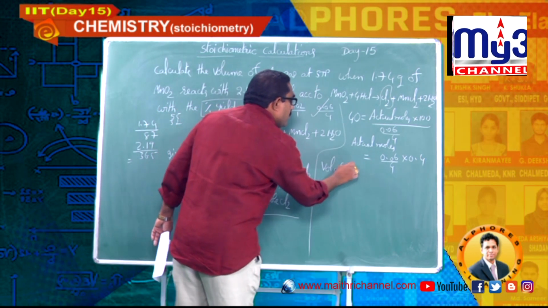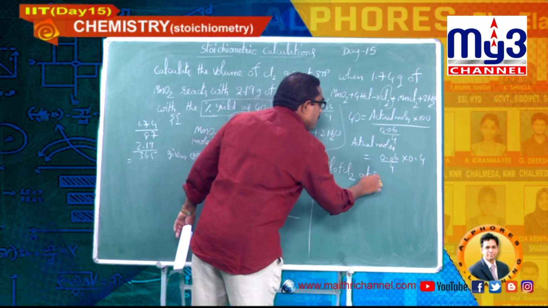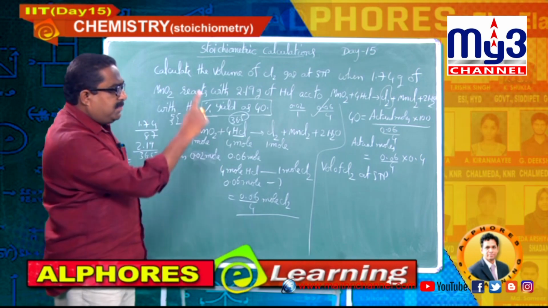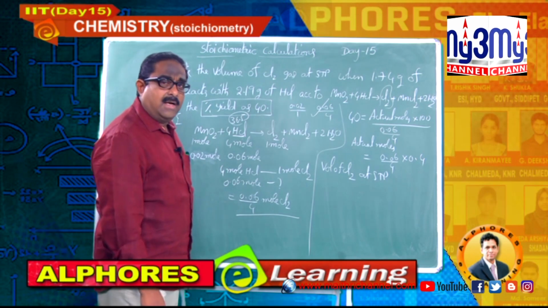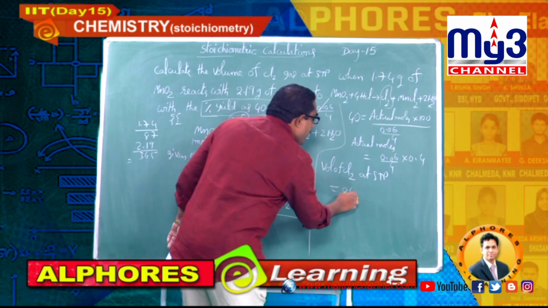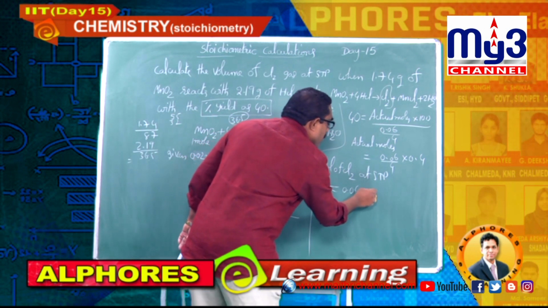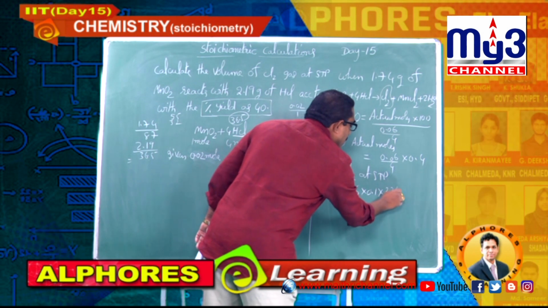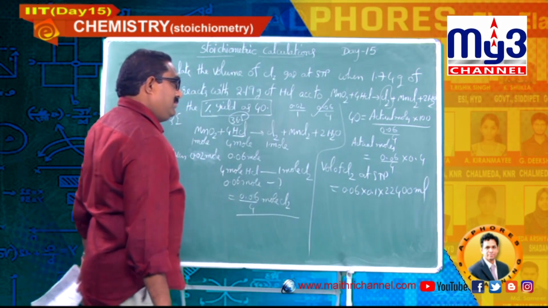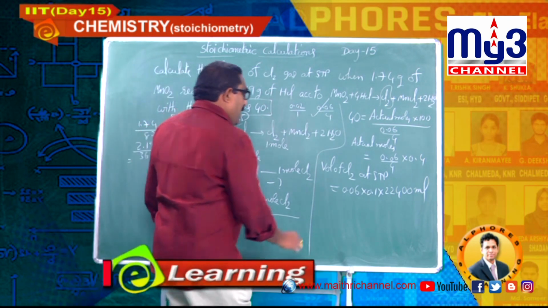So volume of chlorine at STP. We know 1 mole of any gas at STP occupies 22.4 liters. Now I am going to calculate 0.06 into 0.1 into 22,400 ml at STP. Okay.